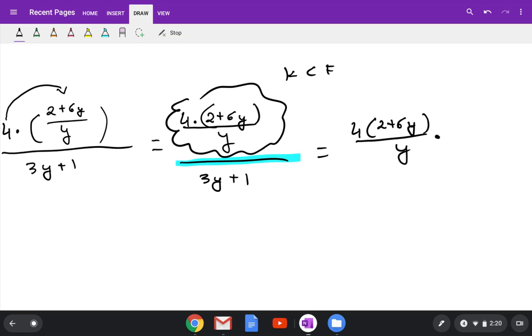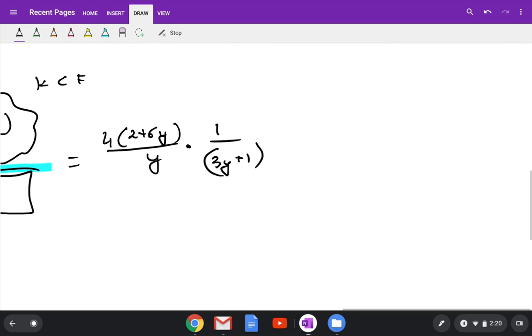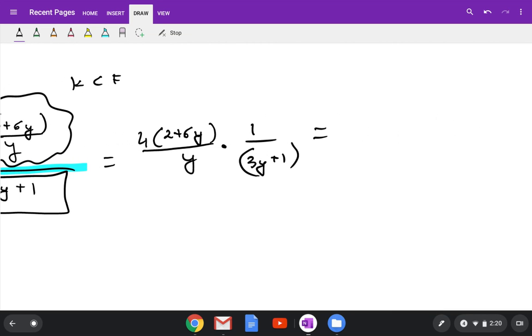Change division to multiplication and flip over the bottom fraction, which will become 1 over 3y plus 1. Okay. And we're almost ready to finish that. So now we multiply numerator times numerator, which is 4 times 2 plus 6y times 1 over y times 3y plus 1.